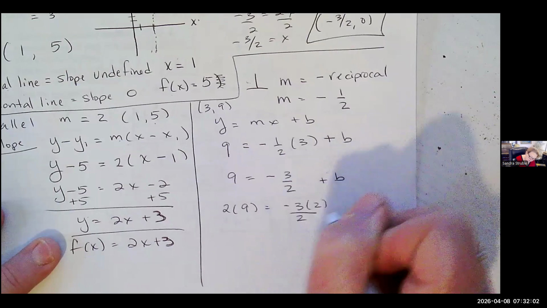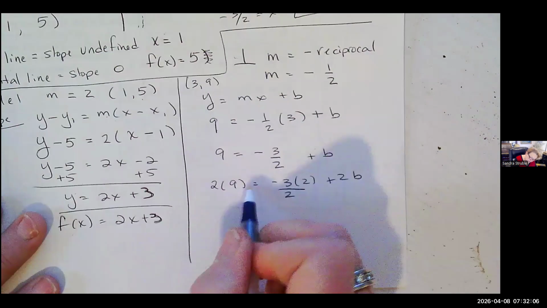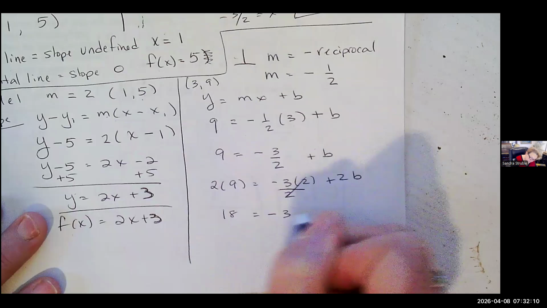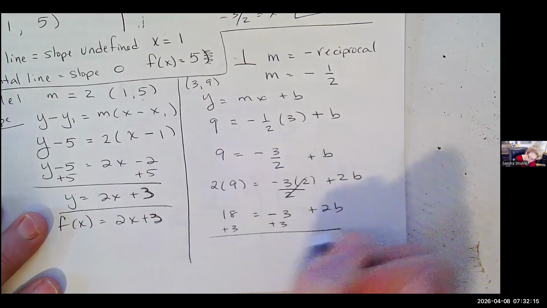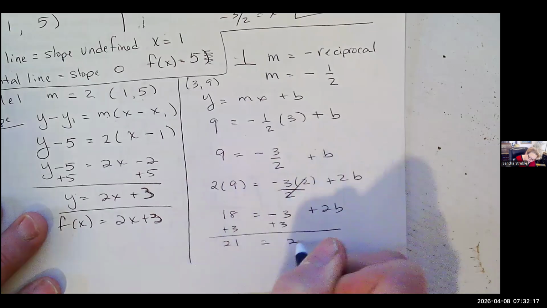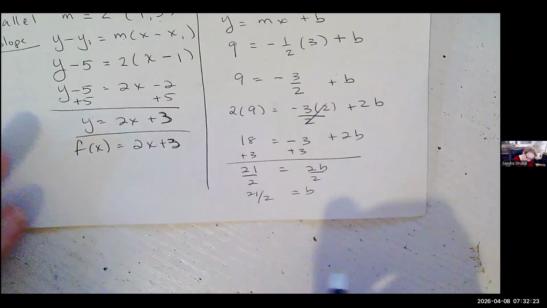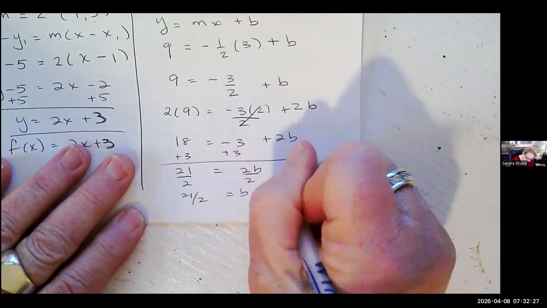So 2 times 9 is 18. This is gone. Negative 3 plus 2b. Add 3 to both sides. Divide both sides by 2. And b is 21/2. So the final answer for my perpendicular line is f of x equals negative 1/2 x plus 21 over 2.